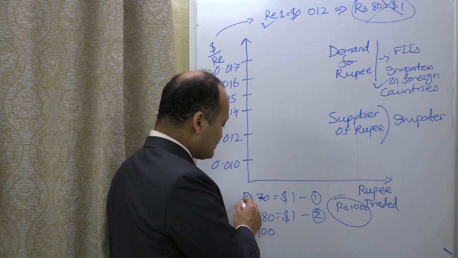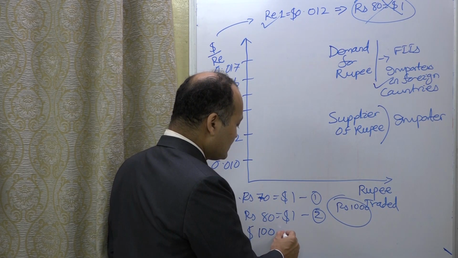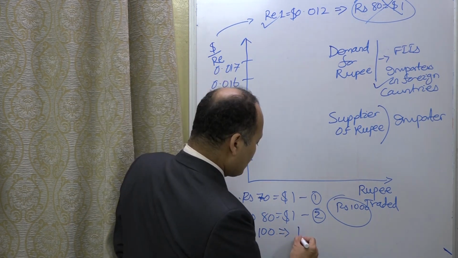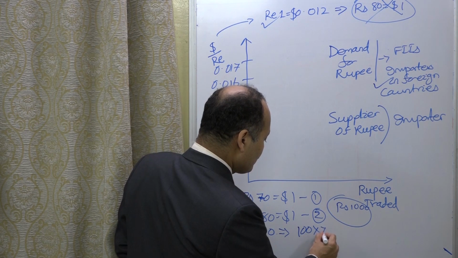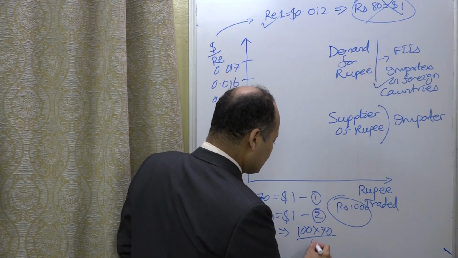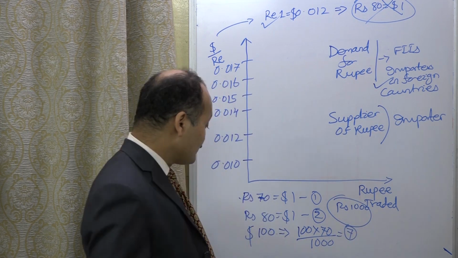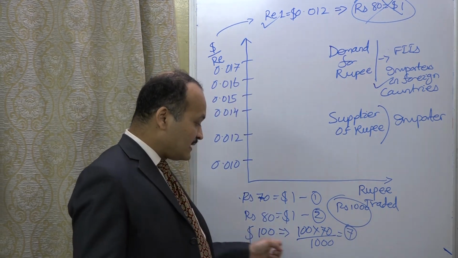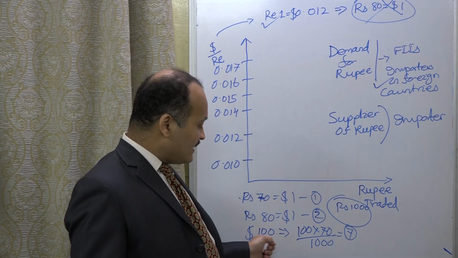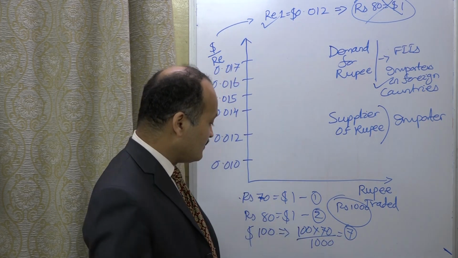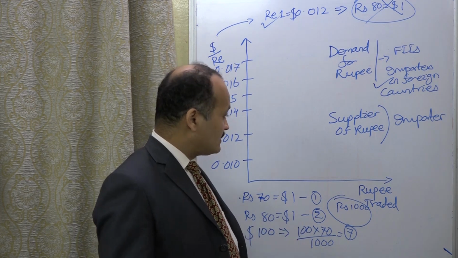Now if the exchange rate is 70, he will be able to buy how many sweaters? 100 into 70 by the price of the sweater, so this will give 7 sweaters. Now if the exchange rate were 80, the same $100 would have given him 8 sweaters.